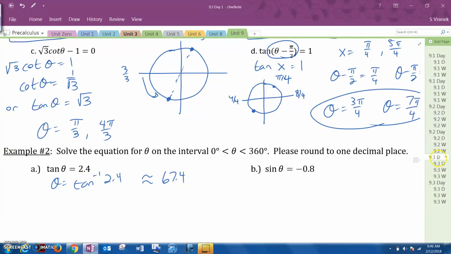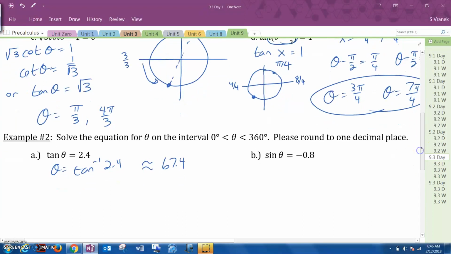I don't actually have my calculator with me, but let's just say it's 67.4. I think that is right, actually. So anyway, if it's 67.4, that is in quadrant 1 right here, with a reference of 67.4.